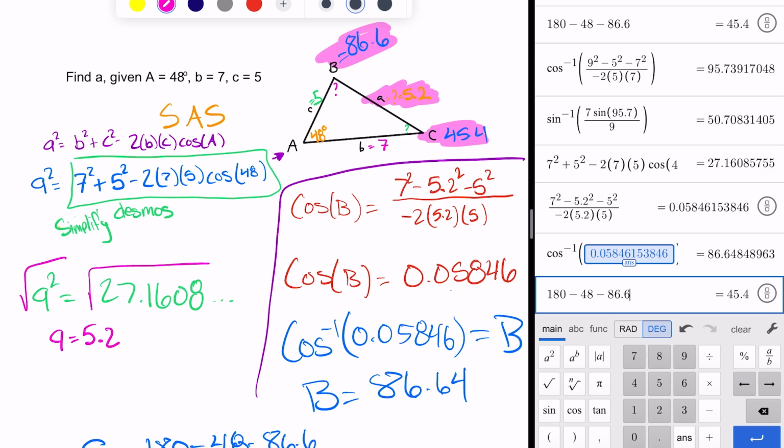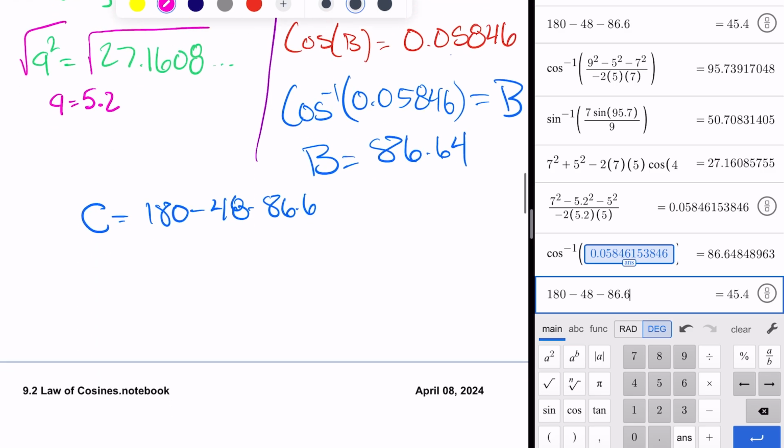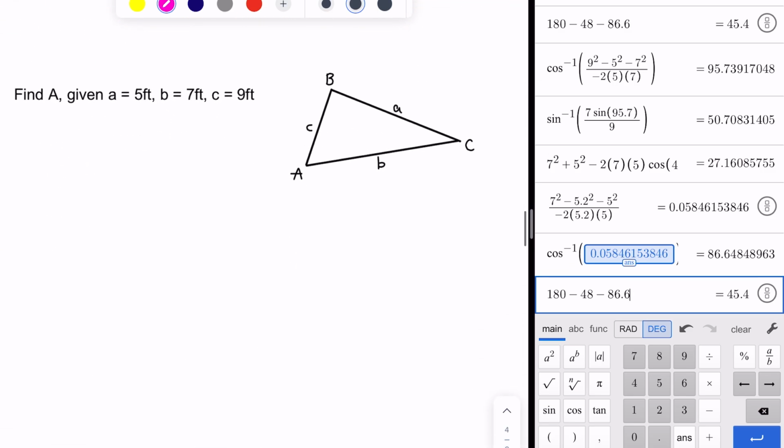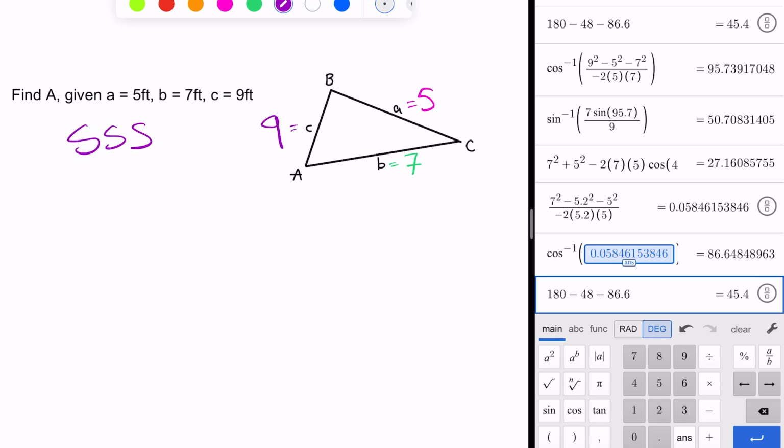Okay, let's try this again. This time I am starting off with all 3 sides. So I have A equal to 5, B equal to 7, and C equal to 9. Now, if I have side, side, side, I'm just going to pick an angle that I need to find.